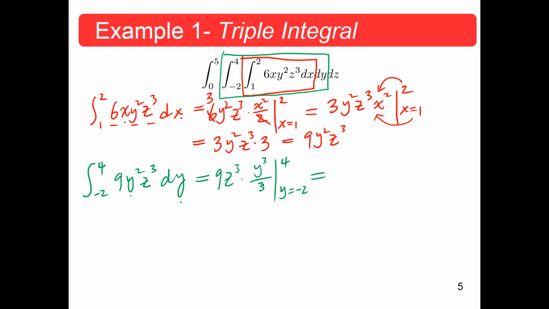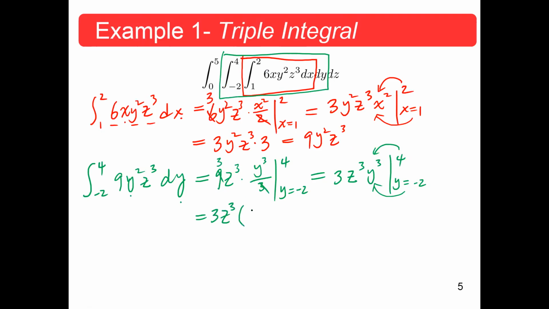So 3 and 9 could be reduced again. I have 3z cubed y cubed, where y runs from -2 to 4. I'm going to plug in 4 and -2 and subtract those two. So I have 3z cubed.